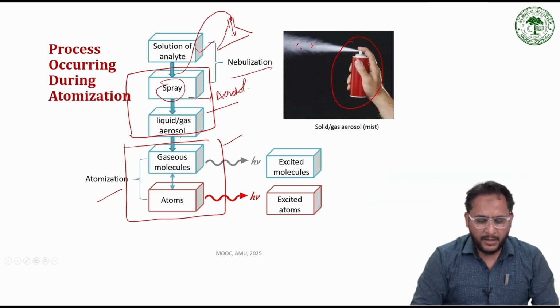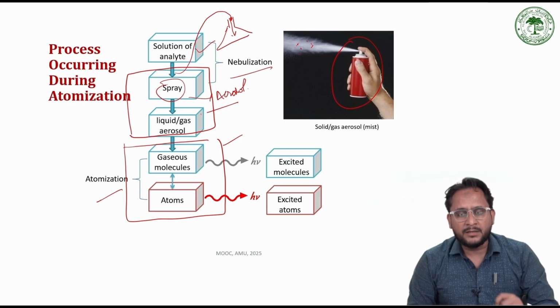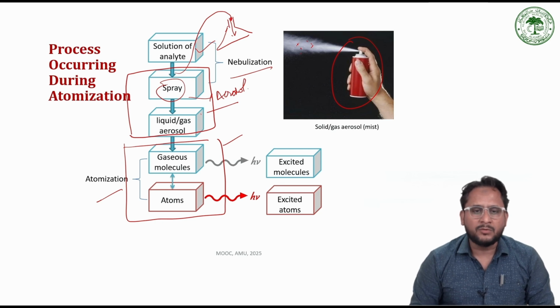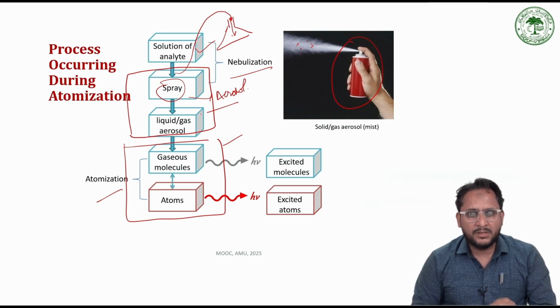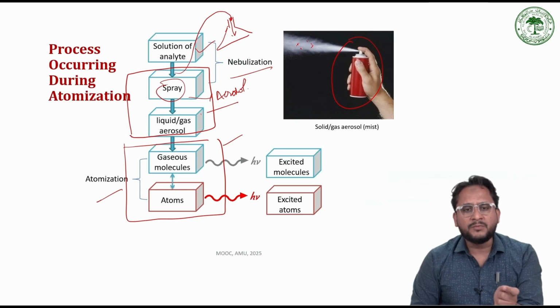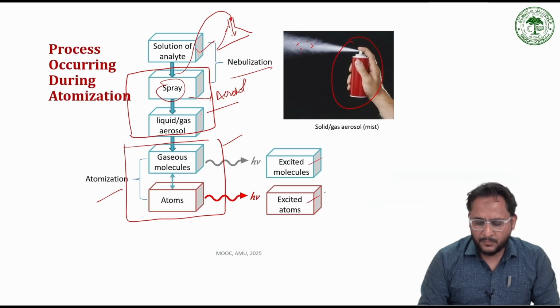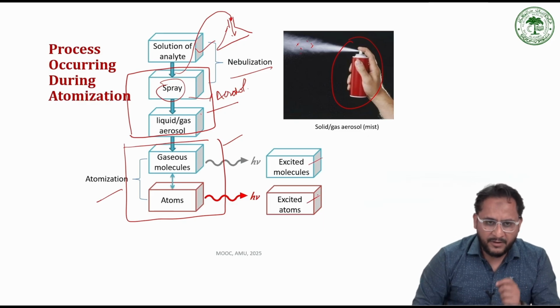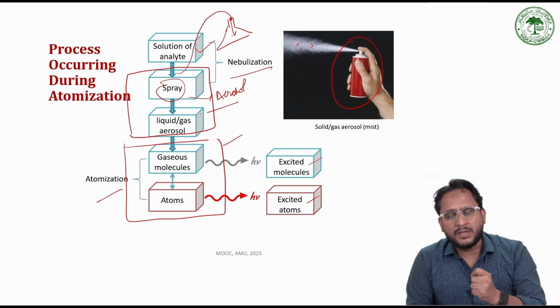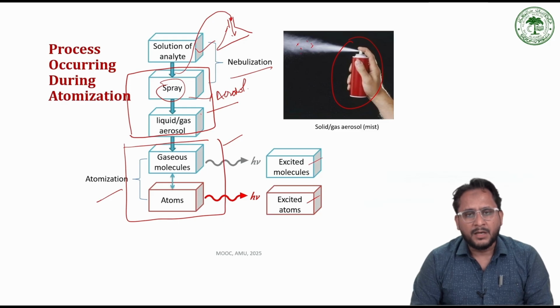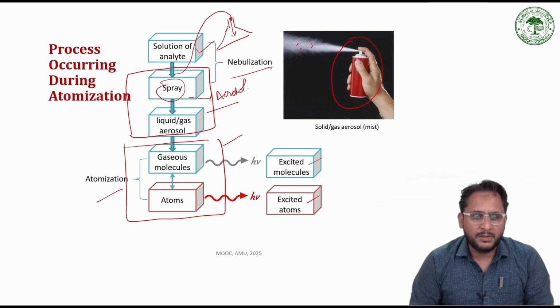This liquid aerosol enters into the atomization unit, where it is heated at high temperature so as to achieve desolvation, vaporization and atomization, or I should say dissociation. Once these individual atoms in vaporized state are formed, they absorb light radiation, resulting in excitation, and the wavelengths that are being absorbed are detected by the detector placed in this machine, and the common detectors are the photomultiplier tubes.